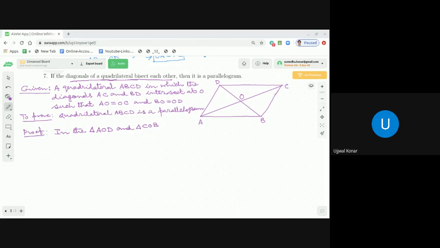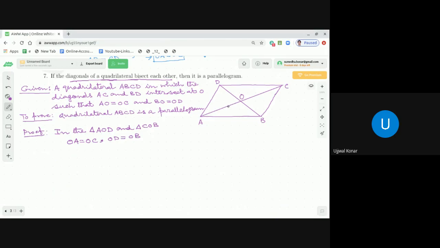According to the statement, it is given that OA is equal to OC, OD is equal to OB, and angle AOD is equal to angle COB because they are vertically opposite angles.